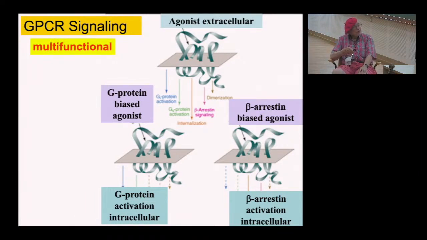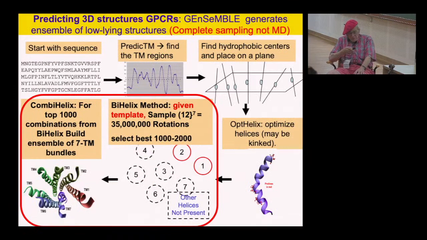This causes side effects. And so we started working on how to predict G protein coupled receptors in 1998. The first crystal structures for rhodopsin came out around 2002 or 3, and the first one for a real GPCR activation process came out in 2005. We'd already published several structures by then. So in the initial methods, we worked out how to predict which membranes are in the middle, how they interact, how they bind.